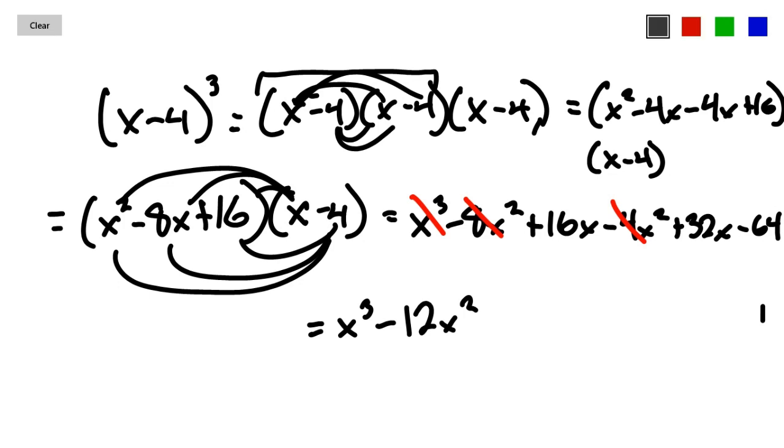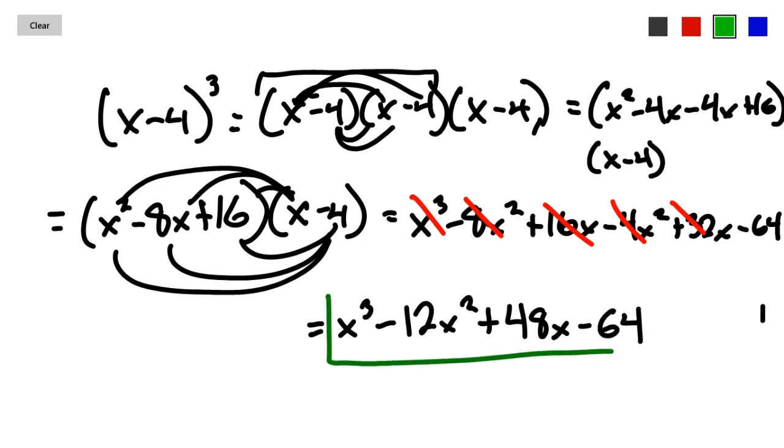And then for the x terms, I have a 16x plus a 32x, and that combines to give me a positive 48x. And then the last term that I have is the minus 64. So that's the process to multiply a cubed polynomial.